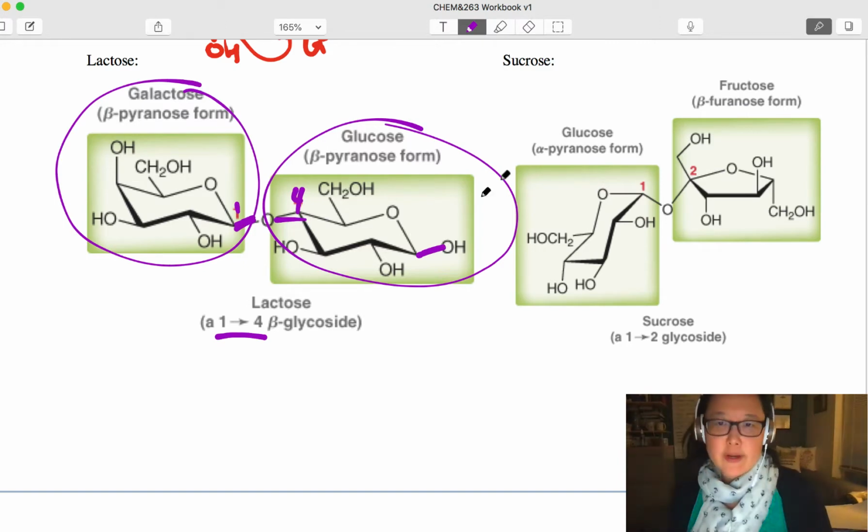With sucrose, which is table sugar, it turns out being glucose and a fructose. So when you break that bond, you end up with these individual sugars, which we can do quite easily. And when we have table sugar, for example, this is an example of a 1,2 glycoside. And this one happens to look like an alpha 1,2.